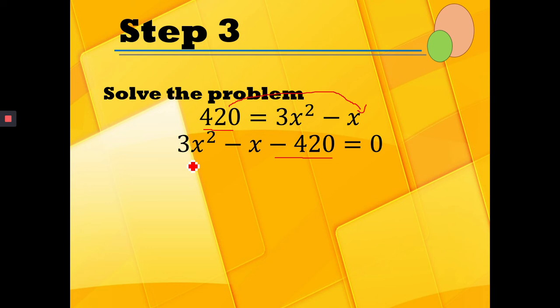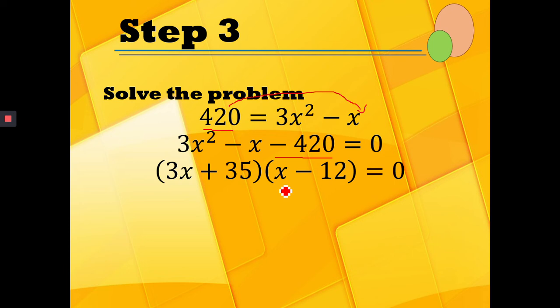And after I conduct the trial and error, I get the factor of 3x plus 35 times x minus 12. So, if you are not sure on your answer, hindi kayo sigurado dito sa sagot ko, but me, I'm assuredly na tama po ako, then check it. Just distribute 3x, multiply it here, then after that 35 multiply it here. Okay, and you will just get 3x squared minus x minus 420.